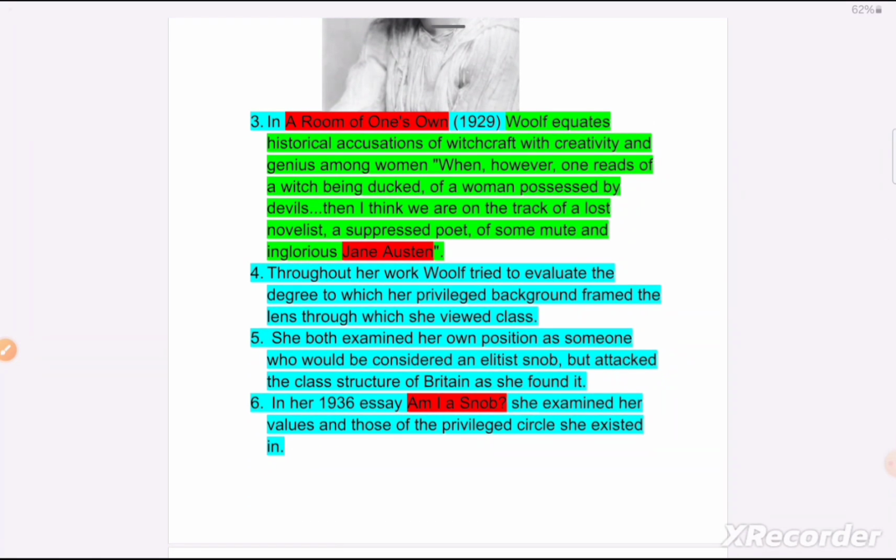Throughout her work, Woolf tried to evaluate the degree to which her privileged background framed the lens through which she viewed class. Virginia Woolf both examined her own position as someone who would be considered an elitist snob, but attacked the class structure of Britain as she found it.